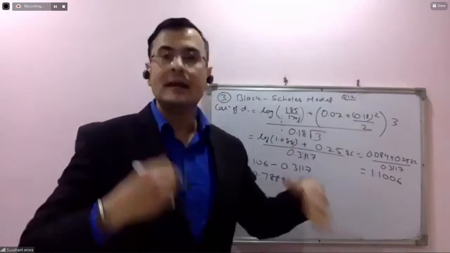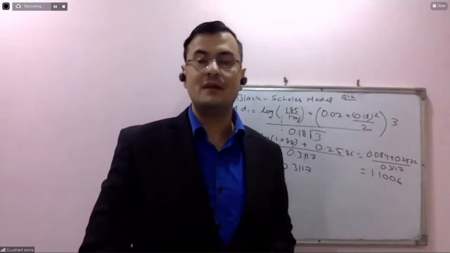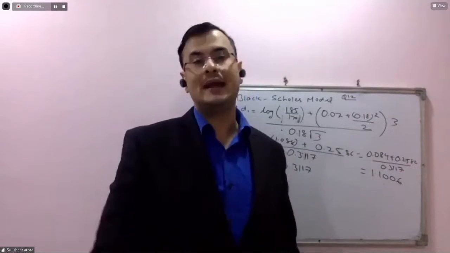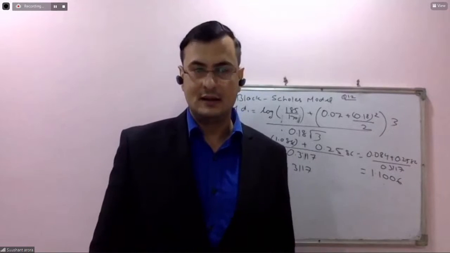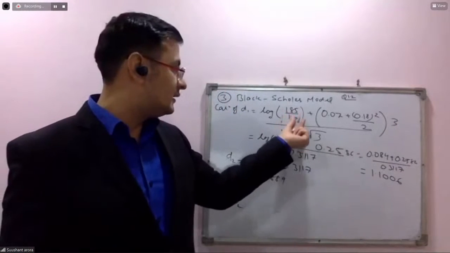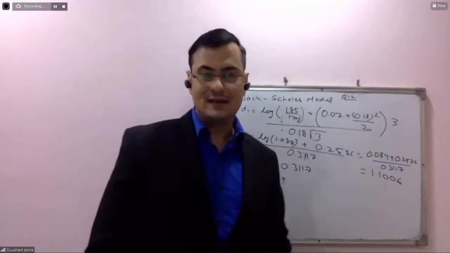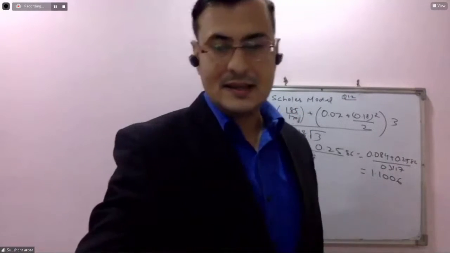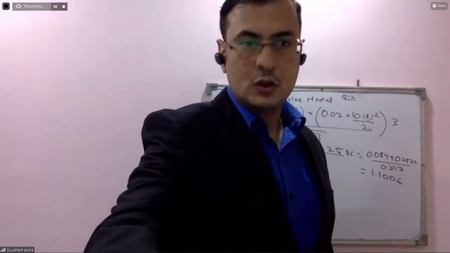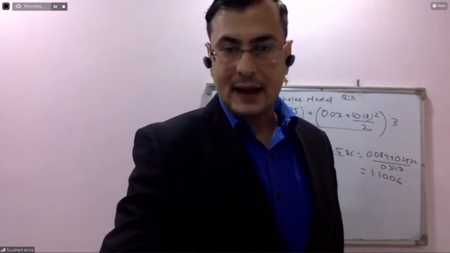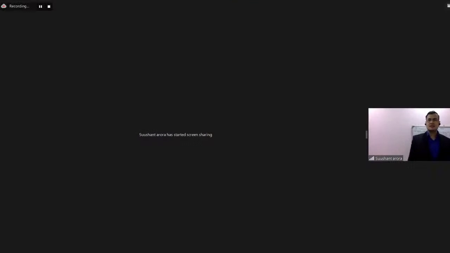I know they are right, but in the exam you might get values in which D1 comes out to be negative. Because here the value is positive, you are getting a positive result, but you can get a negative value as well. Let me show you which table needs to be seen. See this table.